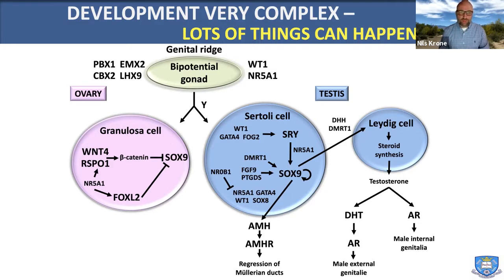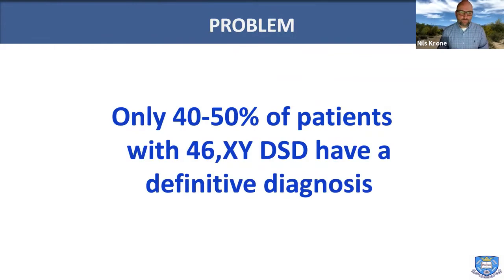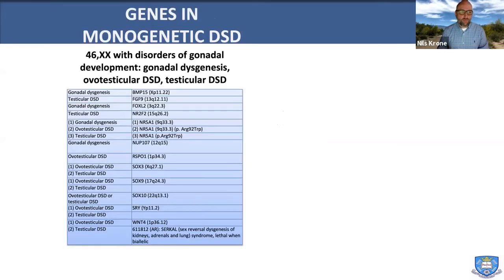I'm not going to go through this in detail, but it's just to illustrate and prepare you for the next few points I would like to make, because quite a few genes are involved in 46XX and 46XY DSD. So the problem comes here that only 40 to 50% of patients with 46XY DSD have a definite diagnosis. That's a bit tricky. And even with new technologies, I'll give you a few examples here.